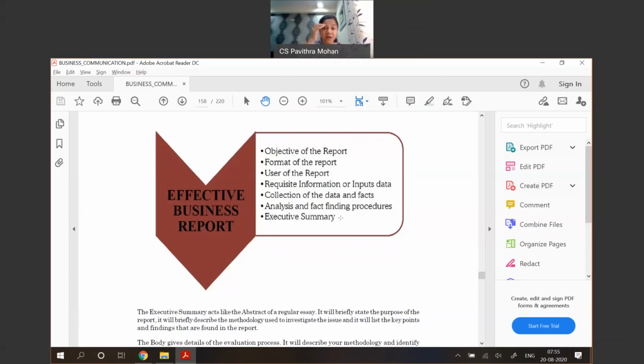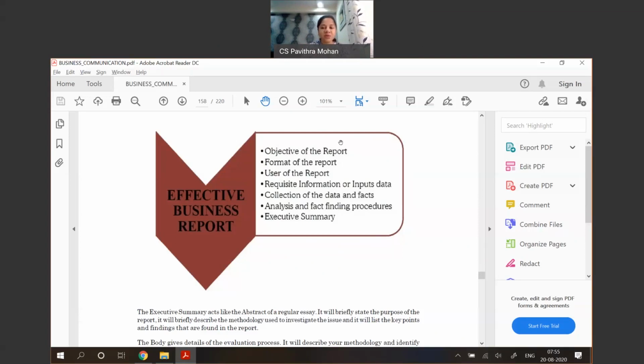Based on the survey or research you have done in the organization, collect as much information as possible, and with this information you go with fact finding. You analyze the inputs and find out the important aspects of this particular report, and after that you draft your proper executive summary, and then start with the body, key findings and conclusion.